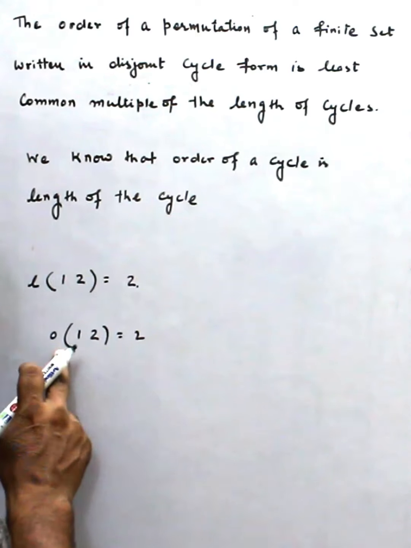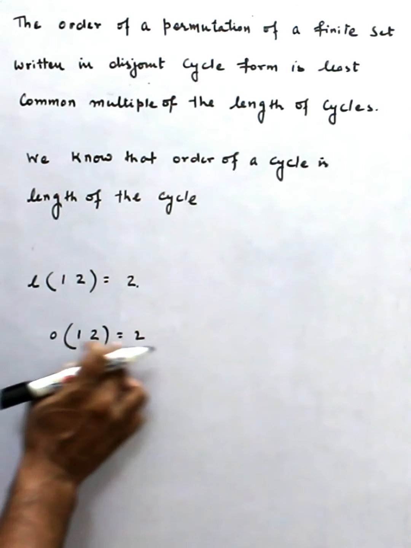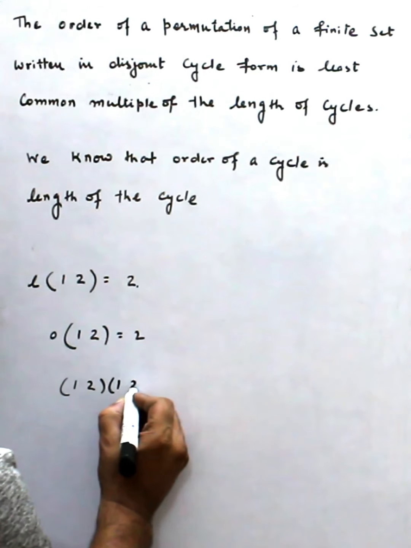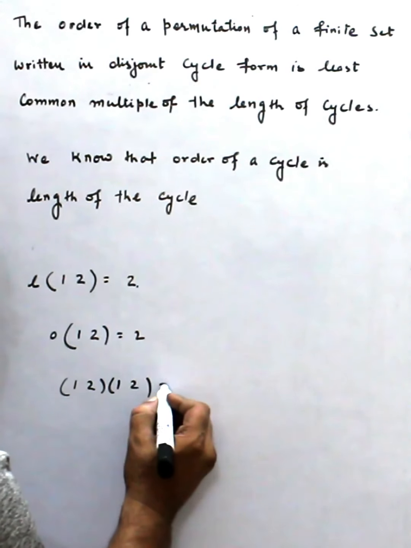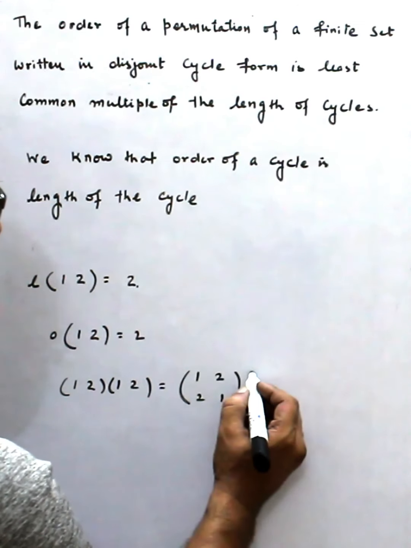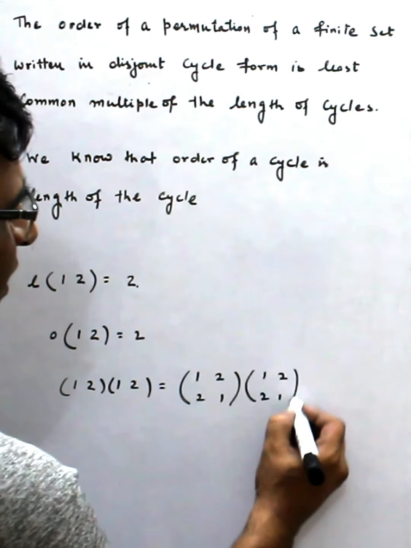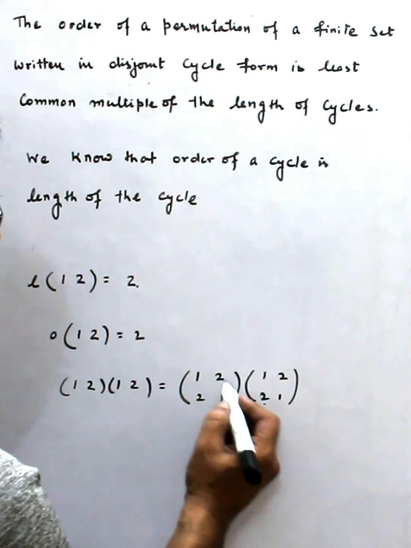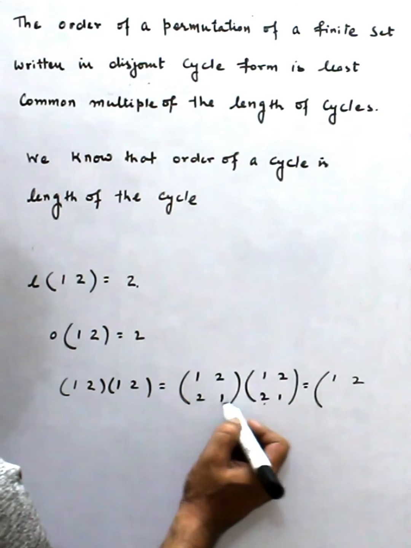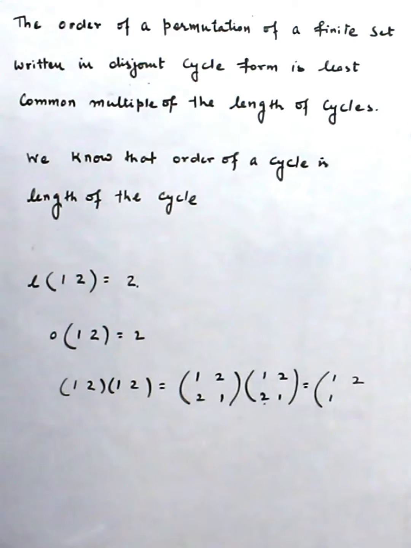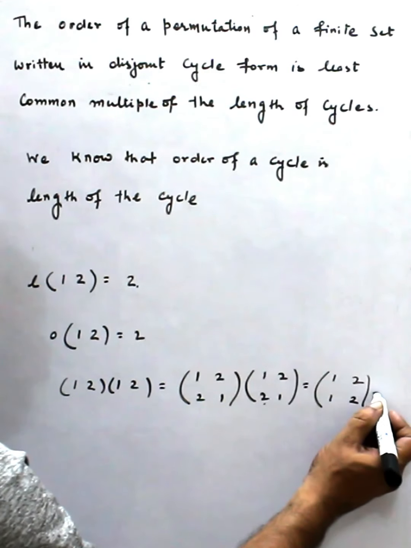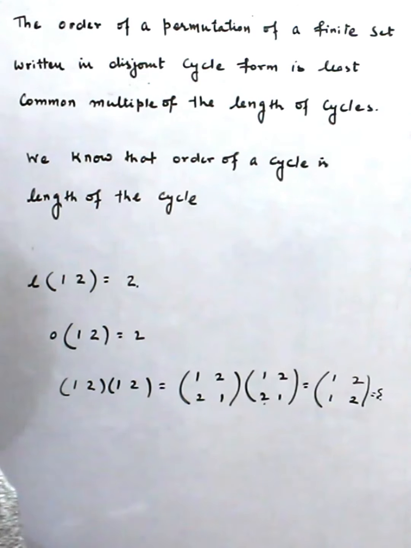What is the order? Order means the least positive number for which it becomes identity. So if I take the product of this cycle with itself, in terms of permutation I write 1, 2, 2, 1 and the same 1, 2, 2, 1. Then 1 goes to 2, 2 goes to 1. So what is the final result? The final image of 1 is 1, and the image of 2 is 2. So this is identity, right?